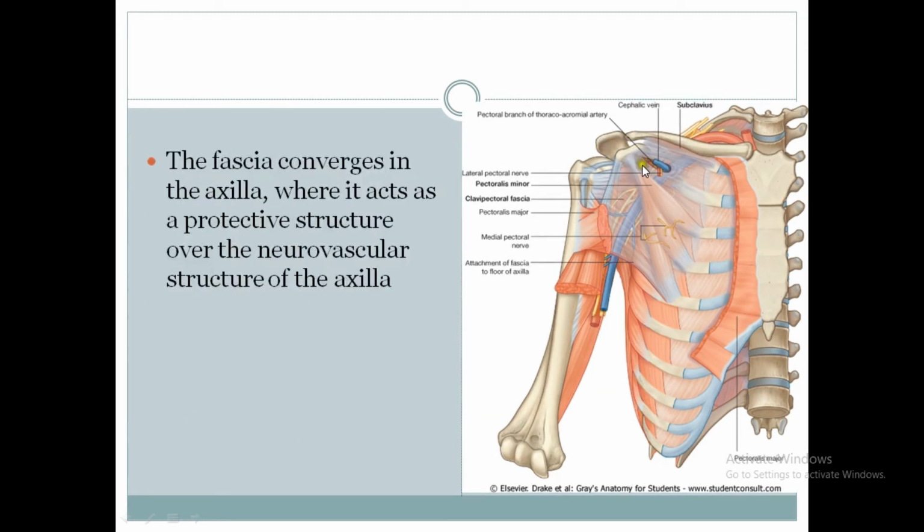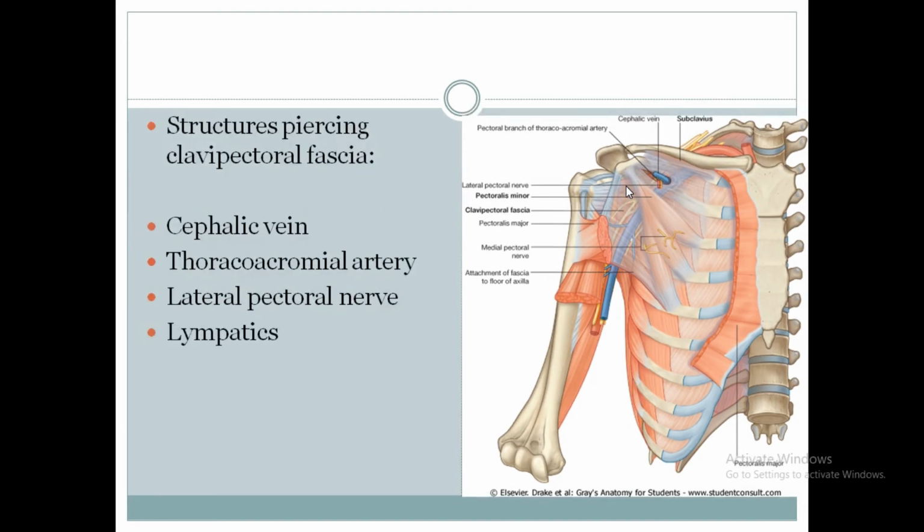The fascia converges in the axilla where it acts as a protective structure over the neurovascular structures of the axilla. Structures piercing the clavipectoral fascia are the cephalic vein, this is the cephalic vein, the lateral pectoral nerve, the thoracoacromial artery, and the lymphatics.